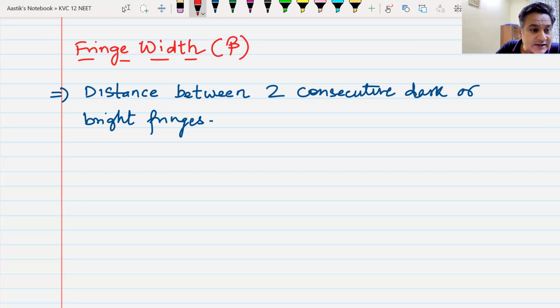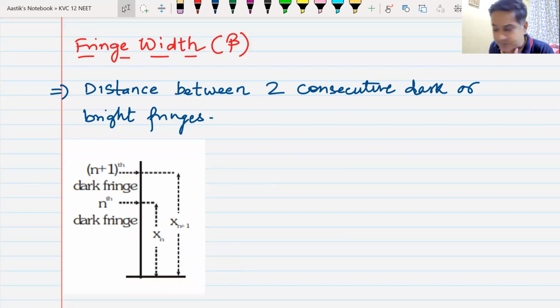Do we understand this? Yes or no? Yes, sir. So basically, if I just show you in terms of a diagram, that would be the best thing that I can do. See this diagram? You take any dark fringe or any bright fringe.